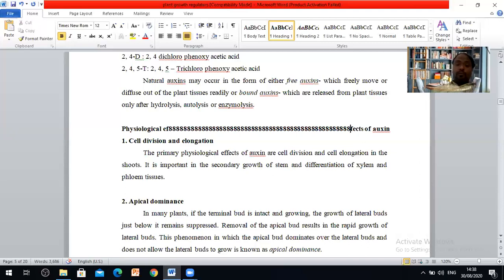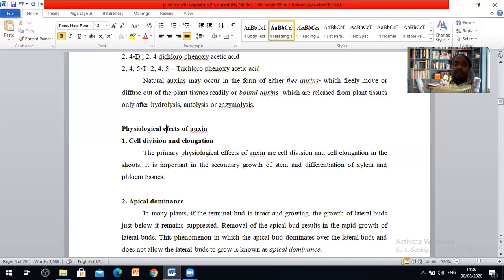So another effect of auxin is apical dominance. We know that apical dominance is the phenomenon in which growth is dominated at the apical site only.